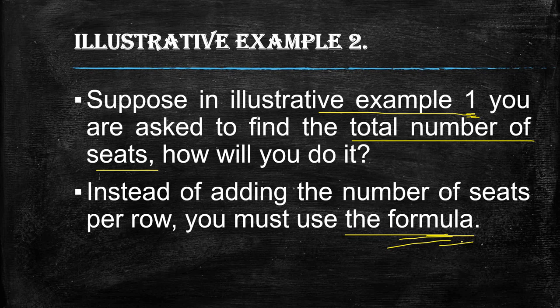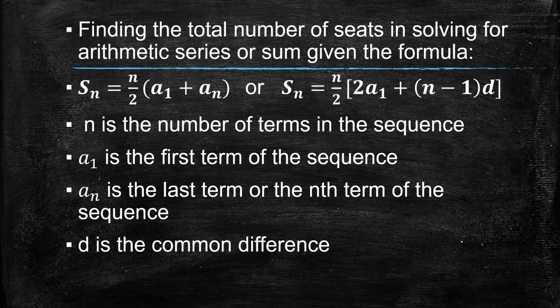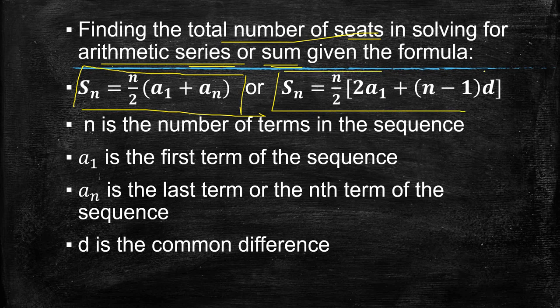So, mas mabilis yung ating pagko-compute. Okay, so in our formula, so as you can see here, to find the total number of seats, no, in solving for the arithmetic series, ayan, also known as the sum of the given terms, we have here two formulas. Okay, so we have here the first formula and then the second formula.